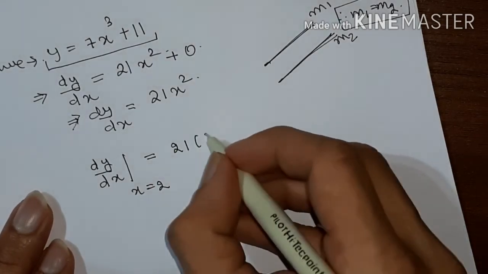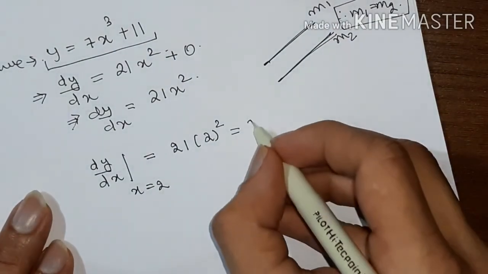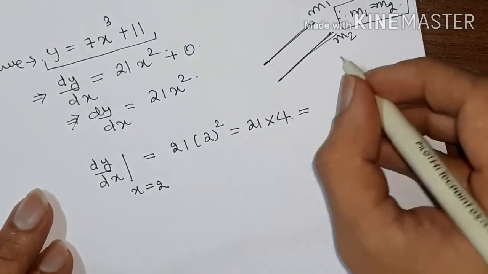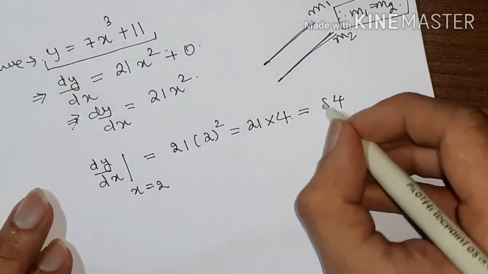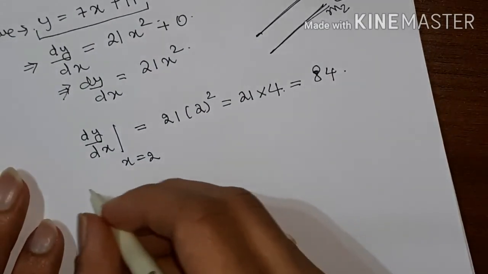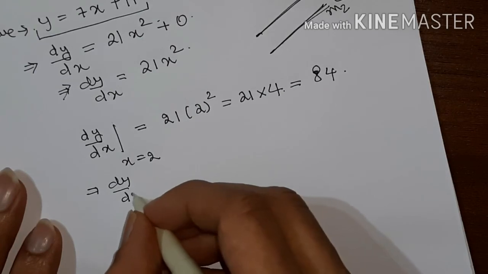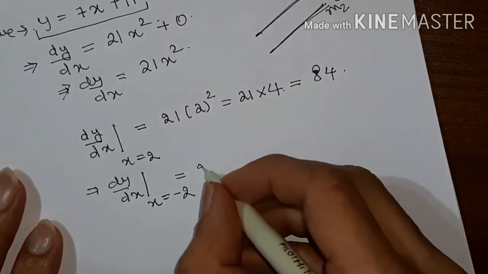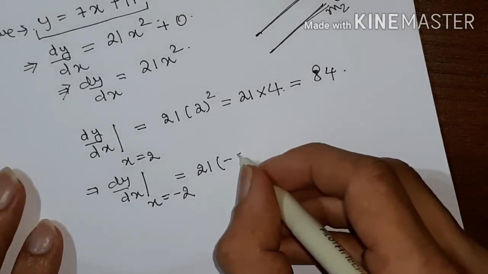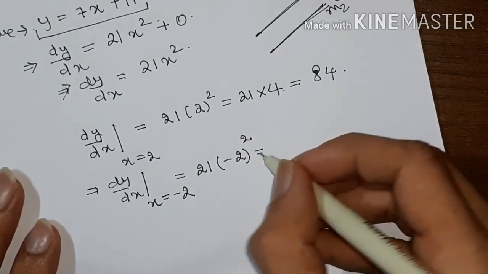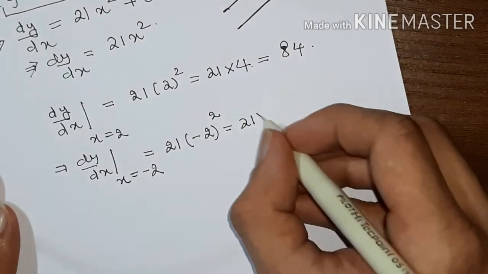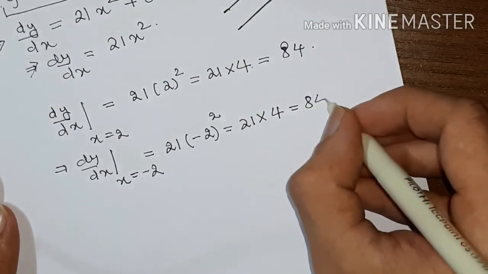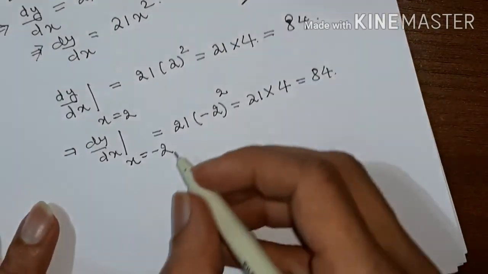So what it is? 21 multiplied by 2 square, which is nothing but 21 multiplied by 4, which is equal to 84, right? And dy by dx at the point x equal to minus 2 is 21 multiplied by minus 2 the whole square, which is equal to what? 21 multiplied by 4, which is equal to 84, right?